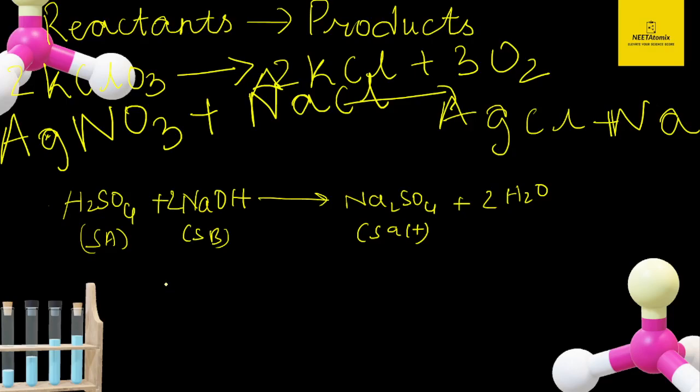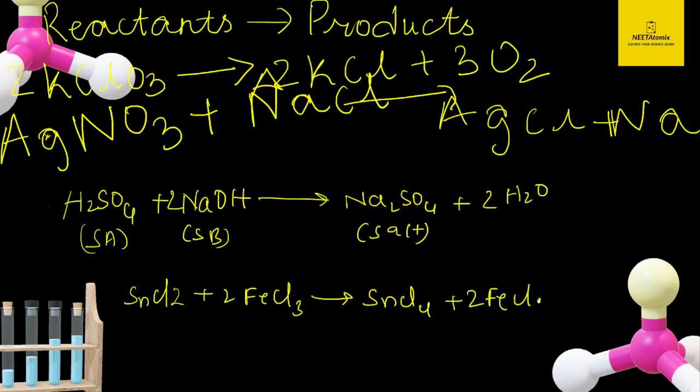In the name itself, RED means reduction and OX means oxidation. The example is SnCl2 plus 2FeCl3 gives rise to SnCl4 plus 2FeCl2. This is an example of a redox reaction.